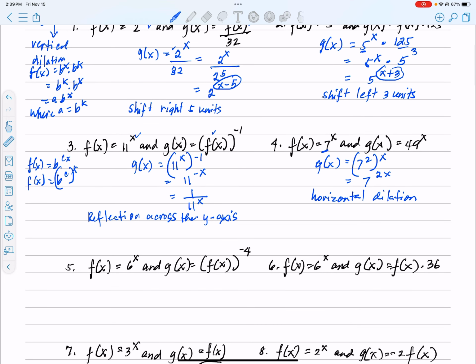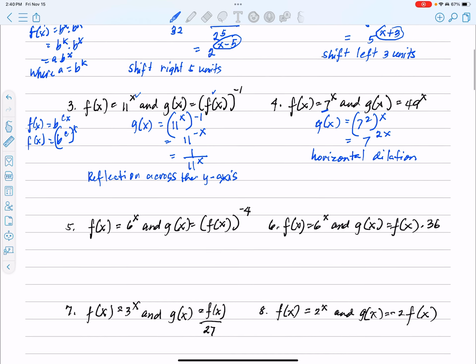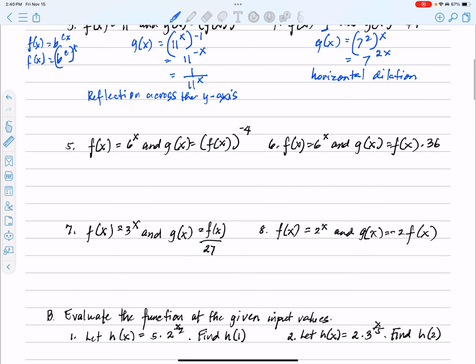Let's have this. F of x equals 6 to the power of x, and g of x is f of x to the power of negative 4. So we have g of x. We're going to rewrite and substitute f of x with 6 to the power of x raised to the negative 4. What happens to that when we multiply? Use power to a power. That would be 6 to the power of negative 4x.